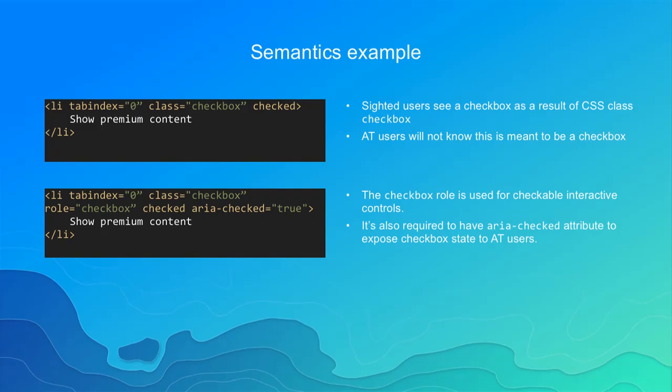It's a list item that's been styled with CSS to perform as a checkbox, and the assistive technology doesn't know about that. So if you're visually impaired, you go to the site and you're not sure what's going on. The second example below actually sets a role of checkbox, and it has some ARIA attributes. So now the screen reader understands that this is a checkbox, and it knows how to present that information to non-sighted users in a way that's clear and understandable.